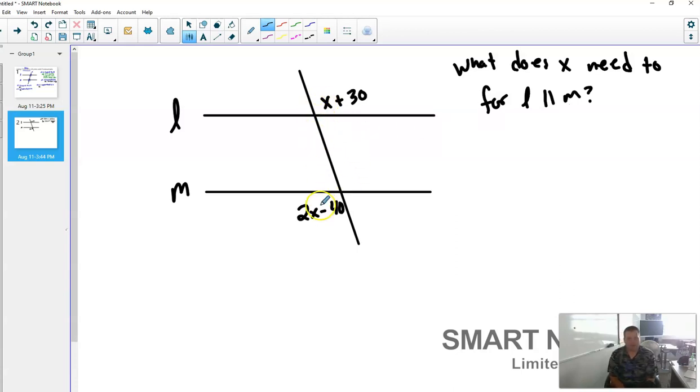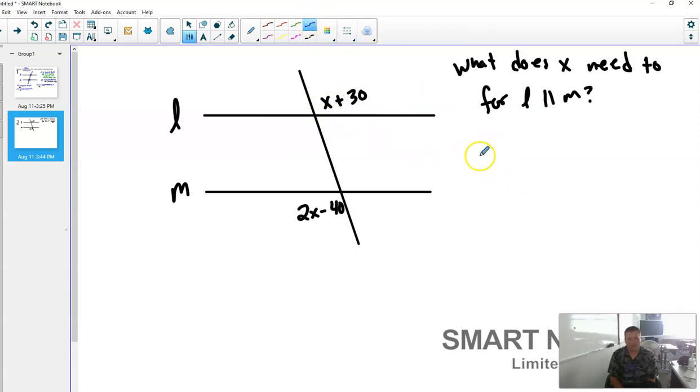They're not numbered anymore, but look at their position. This is an exterior angle, this is an exterior angle, and they're alternating. So these are alternating exterior angles, which means they have to be congruent for these two lines to be parallel. Again, that's one of my rules. So I want to know when 2x minus 40 is equal to x plus 30.